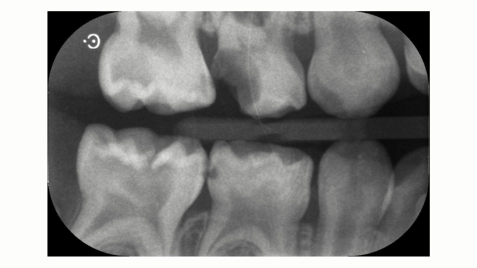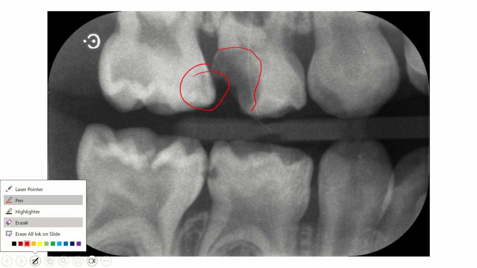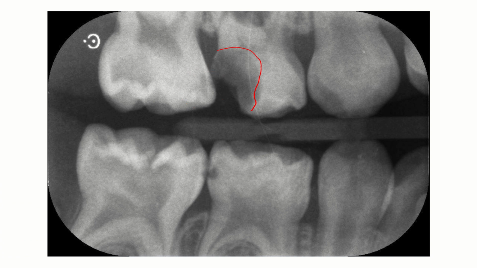Now, in terms of pathology, pretty much everybody got this radiolucency here, as I would hope, and I think we can all agree that that's very much into pulp, therefore it would be an ICDAS RC6. The other one that a lot of people got was the radiolucency on the E in this region. A lot of you described this as an ICDAS 2.